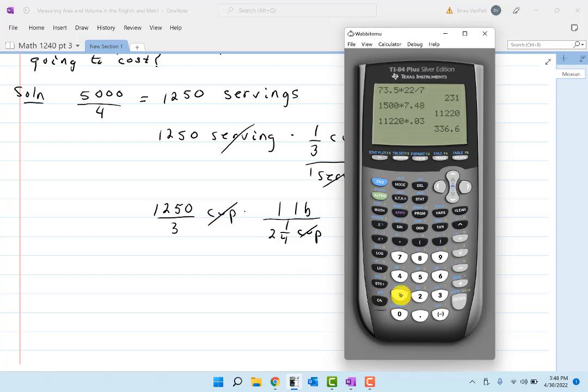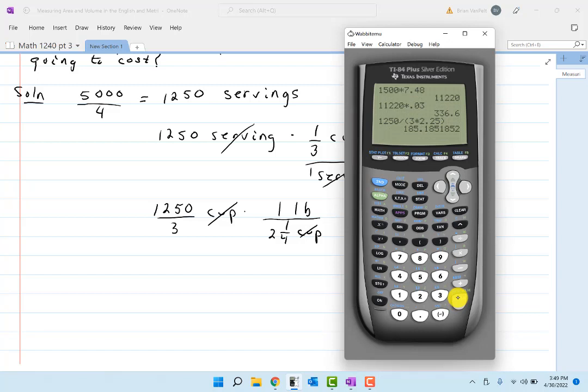So let's have this calculator and see how much of it I can do right off the bat. I'm going to have the 1,250. That was all part of the numerator. But in the denominator, I had 2 items. I had the 3, then times 2 1/4. I would prefer to do 2.25, that's my version of 2 1/4. Let me hit enter and see what we end up with.